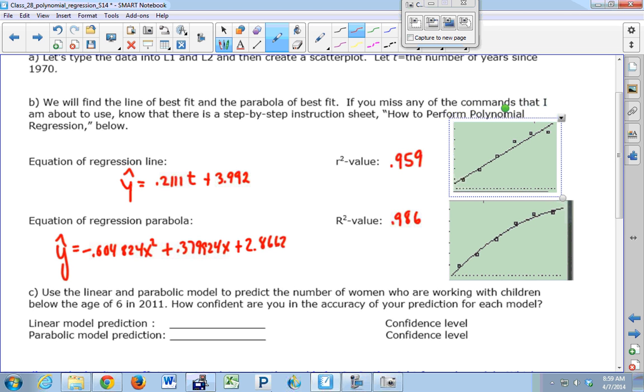The leading coefficient on my parabola is negative. So that means my parabola at some point is going to start to turn around and start heading down towards negative infinity. Okay, but for 11 years from now, which of these models do you think you would feel most confident about? How confident would you be in the linear regression model?